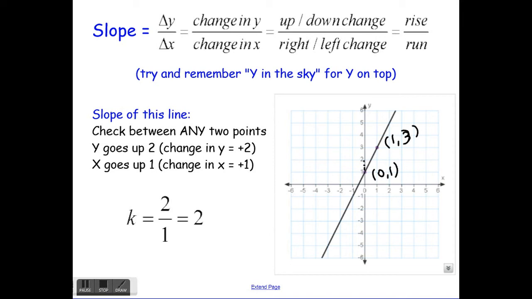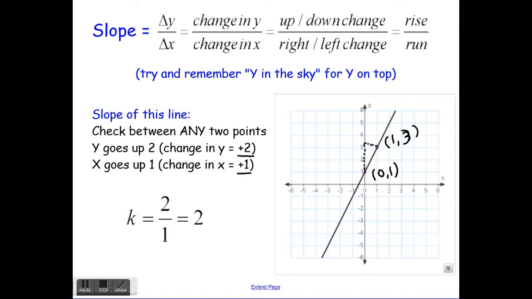The y started at 1, and then I went up to y equals 3. So from 1 to 3, I went up 2 spots. Then I look at my x. My x started at 0, and I went over to x equals 1. So my x increase is 1.